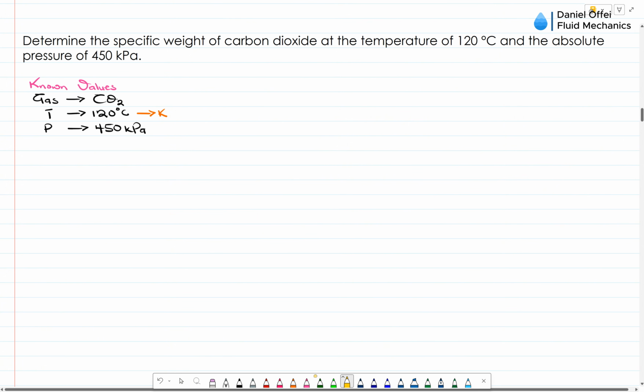So here again, we are supposed to determine the specific weight of carbon dioxide at 120 degrees Celsius temperature and at a pressure of 450 kilopascal. So we first determine the density of carbon dioxide by using the ideal gas equation.